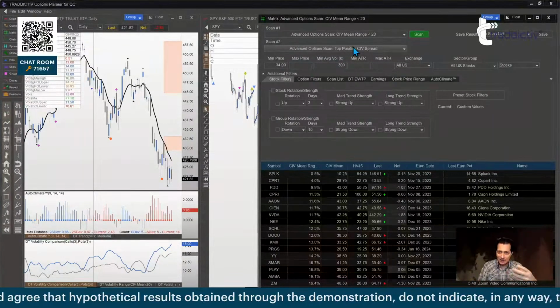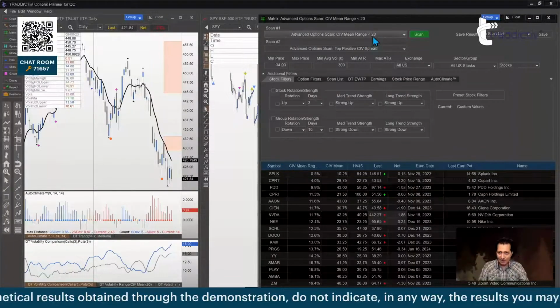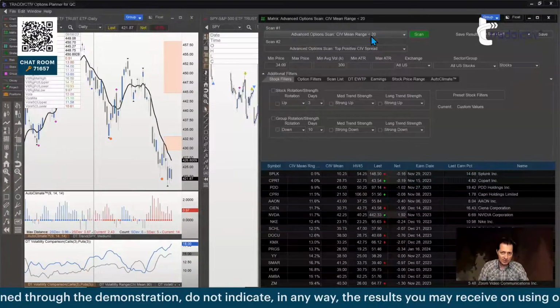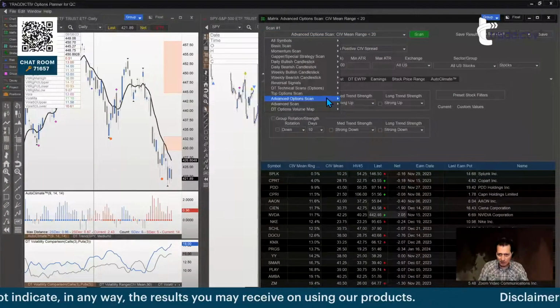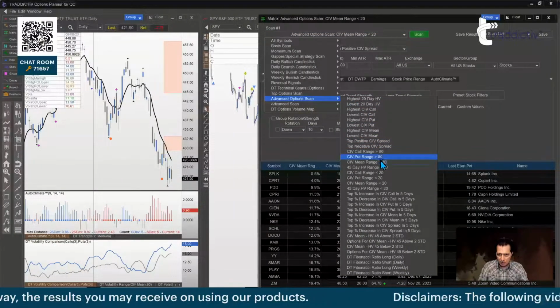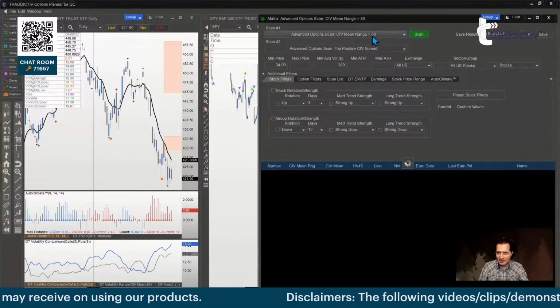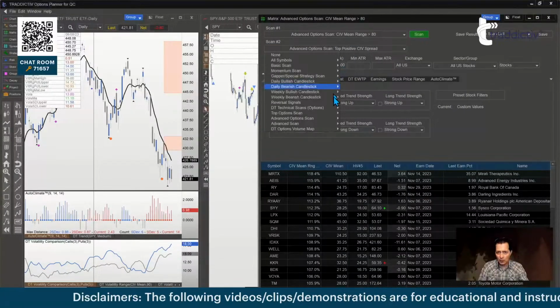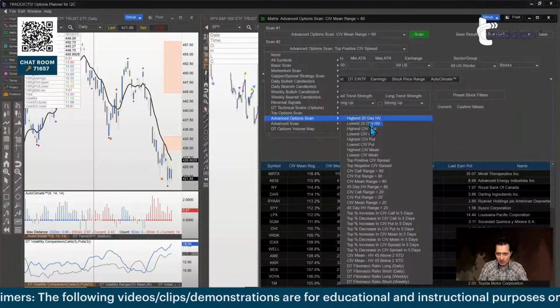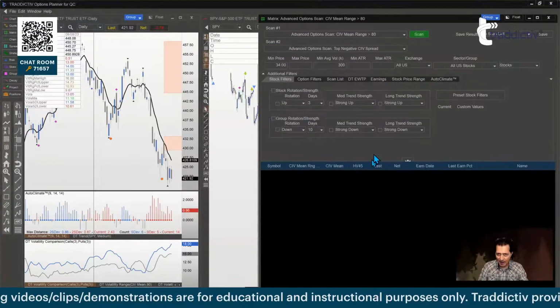And inside the platform, you would think of less than 20 is cheap, debit, more than 80 is expensive for a credit, positive is bullish, and negative is bearish.